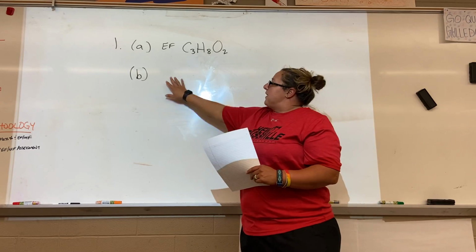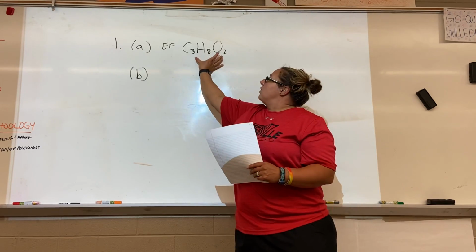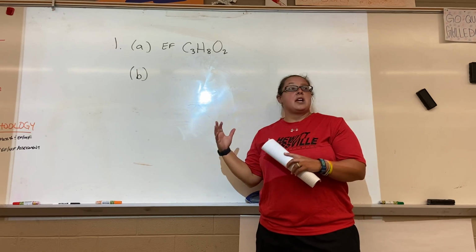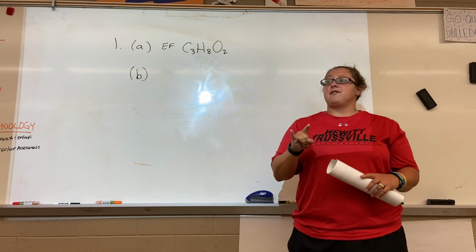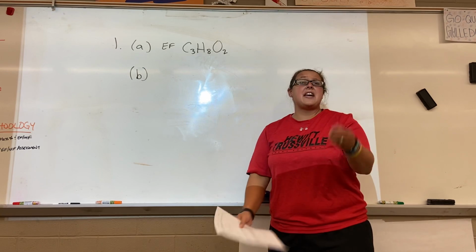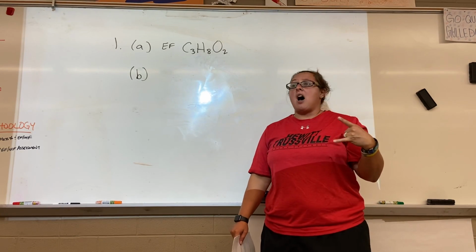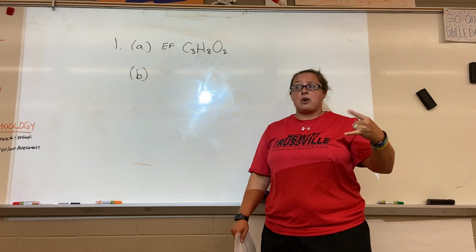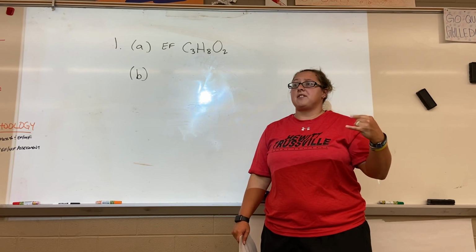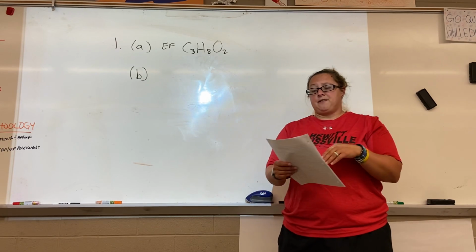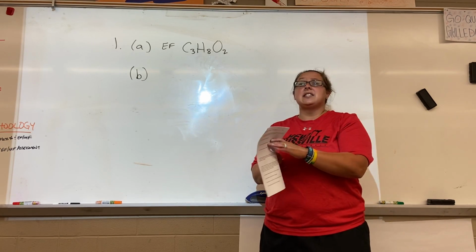So if they want us to find molar mass and we don't technically know what the molecular formula of that compound is, there's two ways to figure it out. If they had a gram amount and a mole amount of the sample, we could just divide grams divided by moles, and that would give us a molar mass. But they didn't give us this information. Instead, they gave us a density.